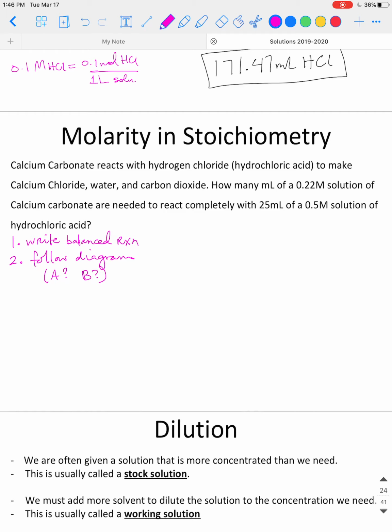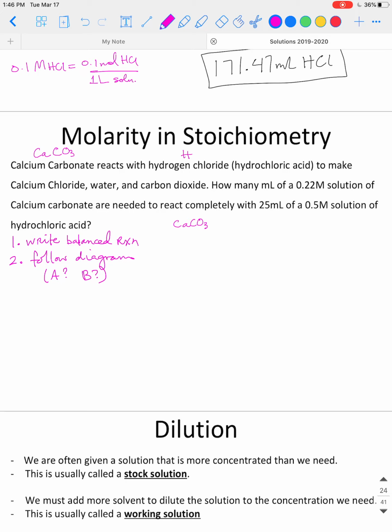So let's write out our balanced chemical reaction. It says calcium carbonate. Calcium carbonate is calcium, which is a +2 charge, and carbonate is CO3 with a -2 charge, so just one cation and one polyatomic anion there. So that's calcium carbonate.